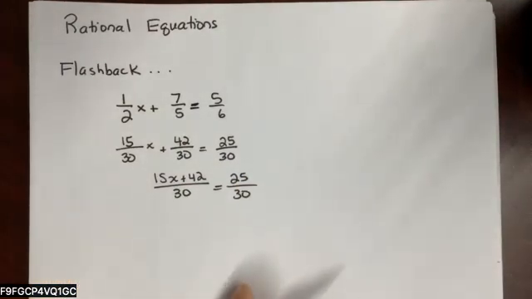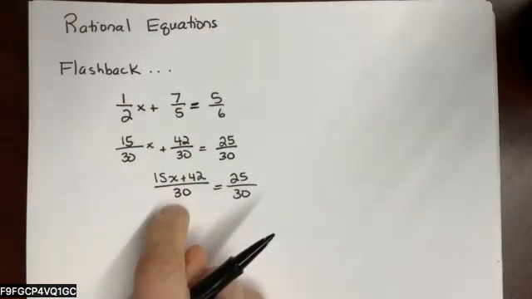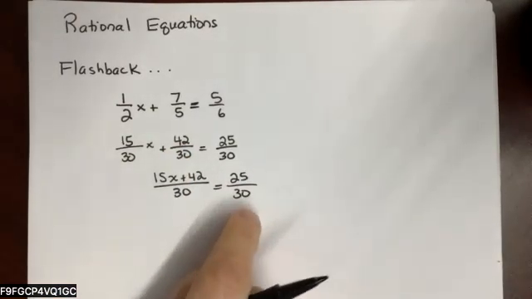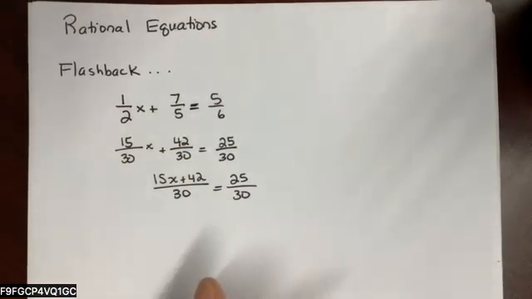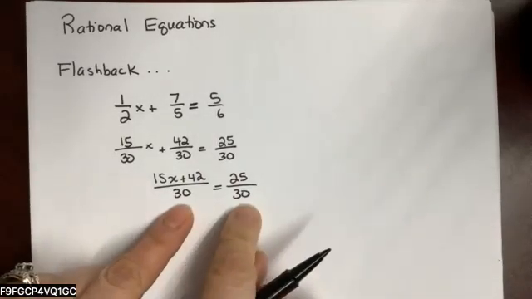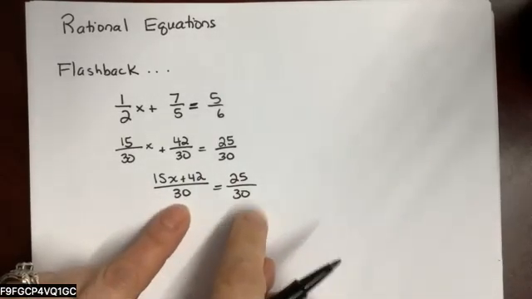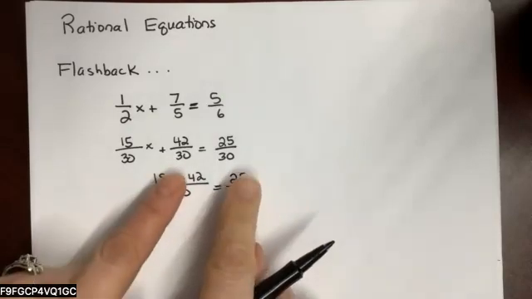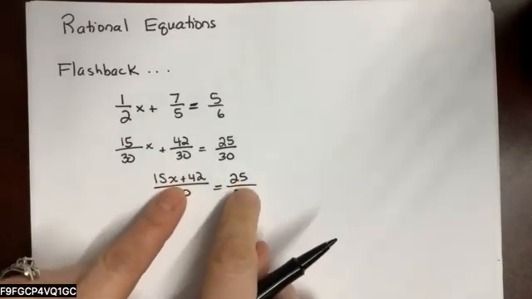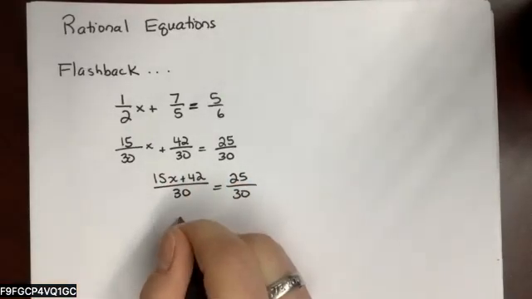And here we are once again with one of those equality statements. I have something over 30 equals something over 30. This is a true equality. I have 30 and 30. If the denominators are both equal, the numerators must both be equal to maintain that true equality.